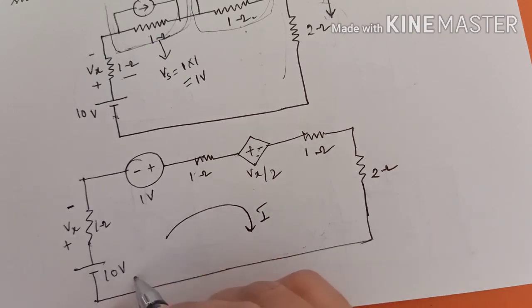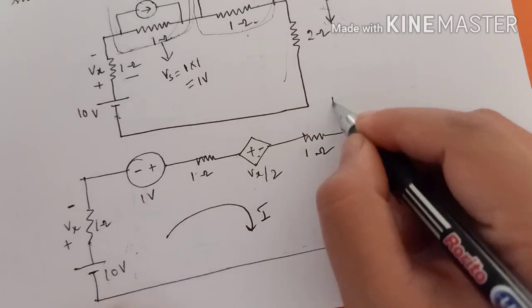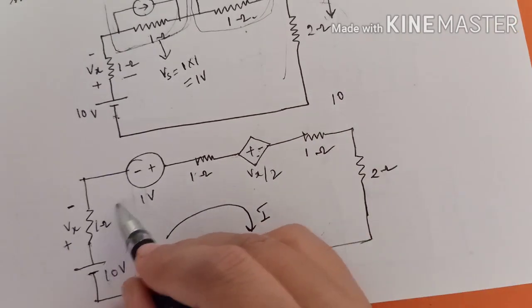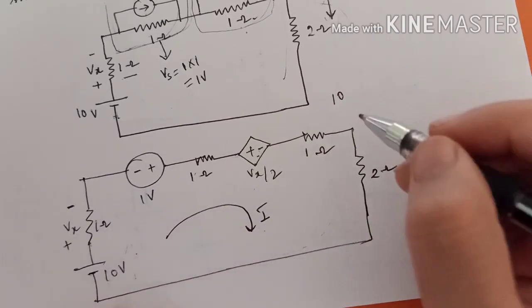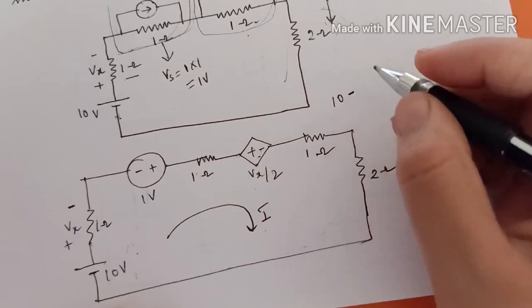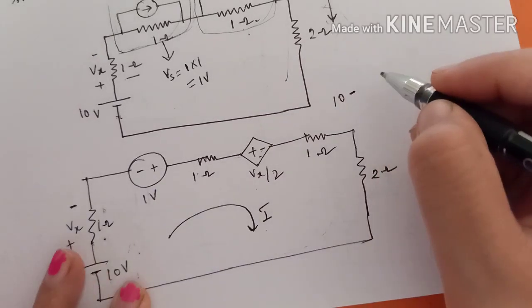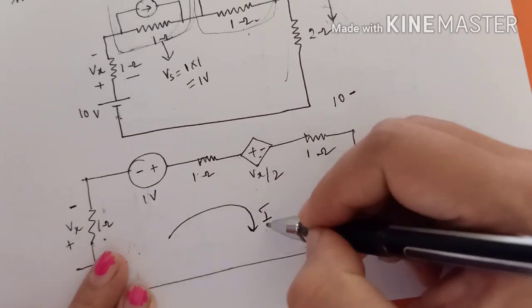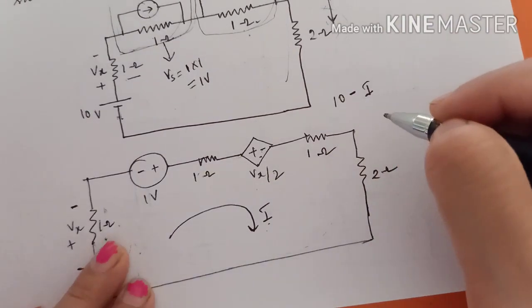So let's say from here I am applying the KVL. Here 10 volt, the minus sign is coming first, so you write plus. And you are moving in the direction of the current, so according to sign convention, you write minus. What is the value of the drop here? The drop is Vx, and the drop is also I into R, and R is 1.